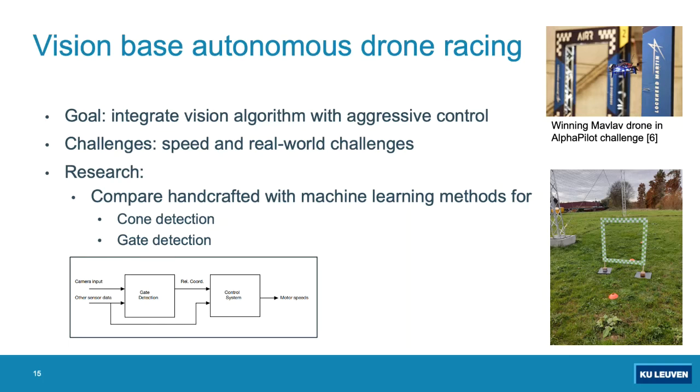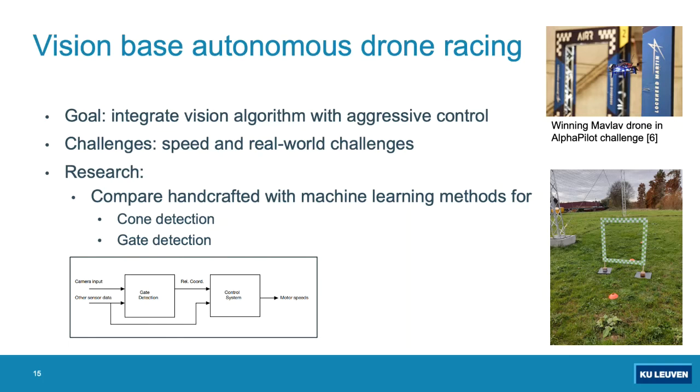For this, we also work together with the MECOS group from mechanical engineering, where a PhD student, Matthias Bos, has a racing drone on the one hand and a good controller to control this racing drone. So our task is to provide a vision algorithm on the one hand for detecting cones.